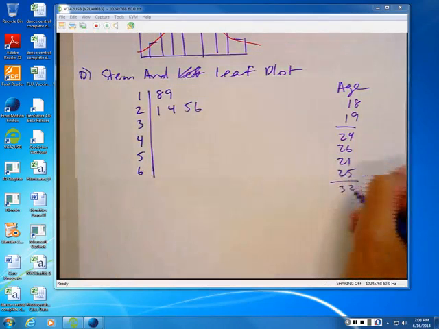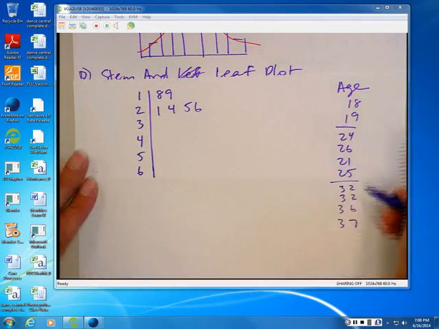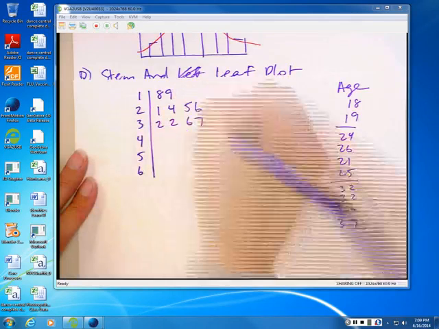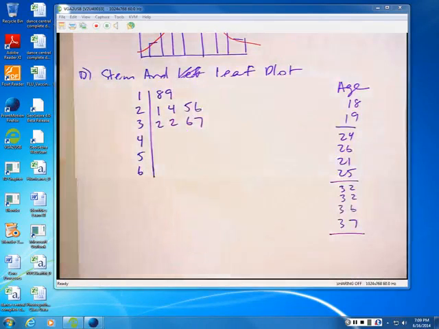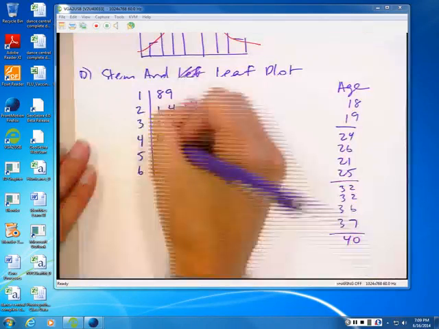Now for the 30s. I have a 32, another 32, a 36, a 37. So same number of people in the 30s. They're already in order, so 2, 2, 6, 7. For the 40s, just one person is 40, so I put a 0 there.